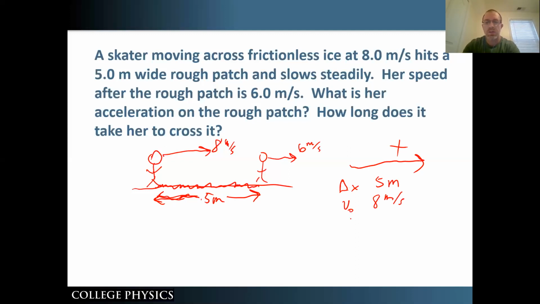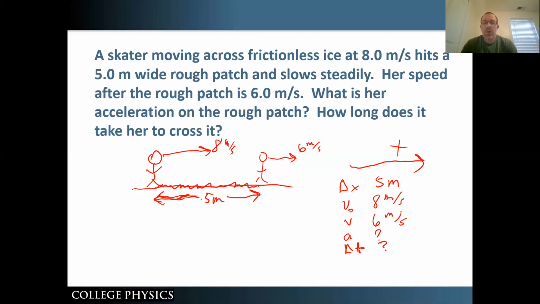My final velocity is 6 meters per second. I don't know the acceleration, and I also don't know the elapsed time. And those are the 2 things that I want to find. All right, so there's our table of values, and we see that we do have 3 of the 5 things.